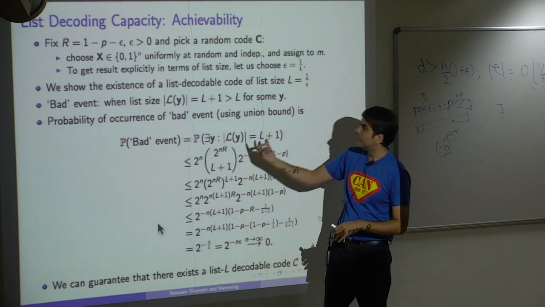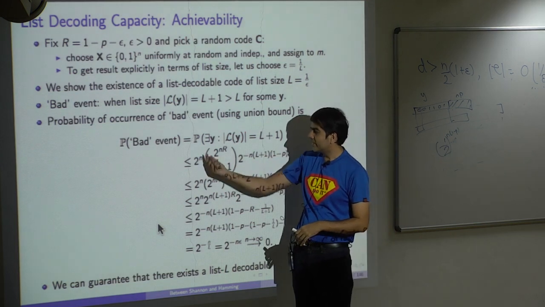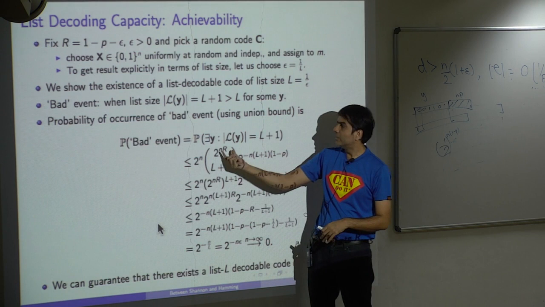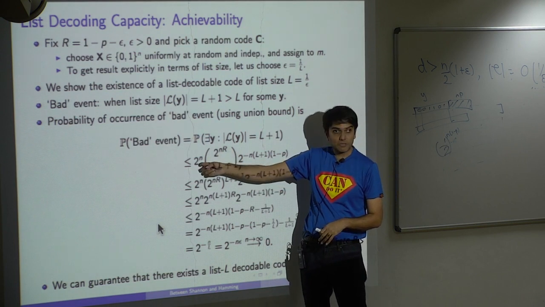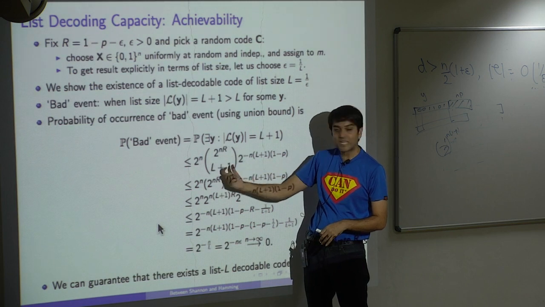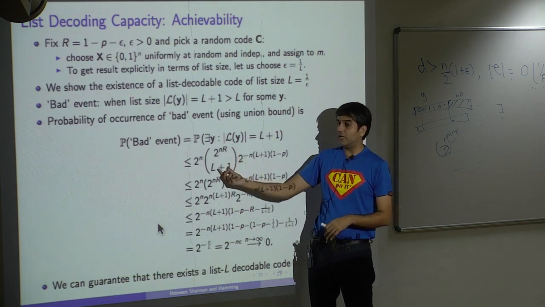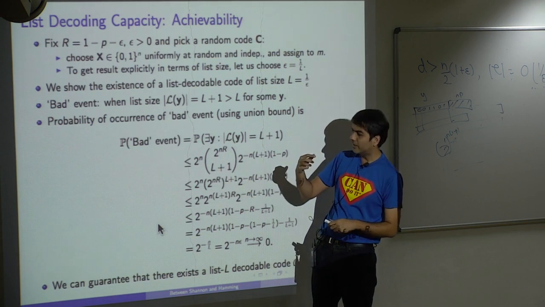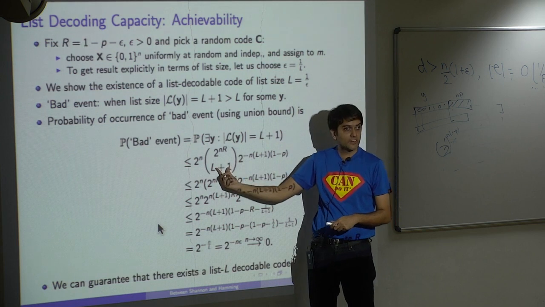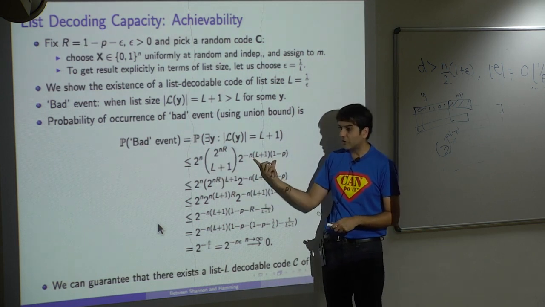So the probability of something like this is at most 3 to the n, which is the number of possible y's you could have, times 2 to the nr choose L plus 1. This is the number of ways you can have L plus 1 code words colliding with this, times the probability of a bad event.